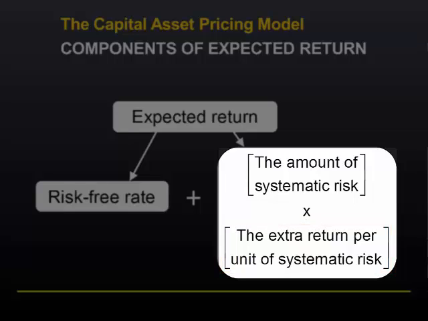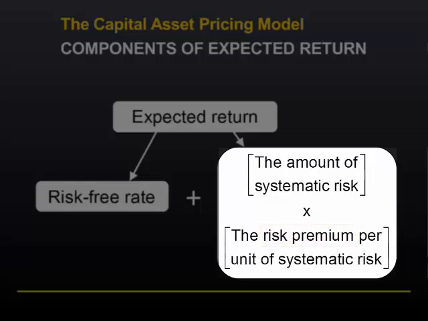Obviously, the higher the amount of systematic risk, the greater the risk premium. But in addition, the greater the extra return that you should get per unit of risk will also increase the expected return. Reverting to the term that we used earlier, the extra return is also referred to as the risk premium.